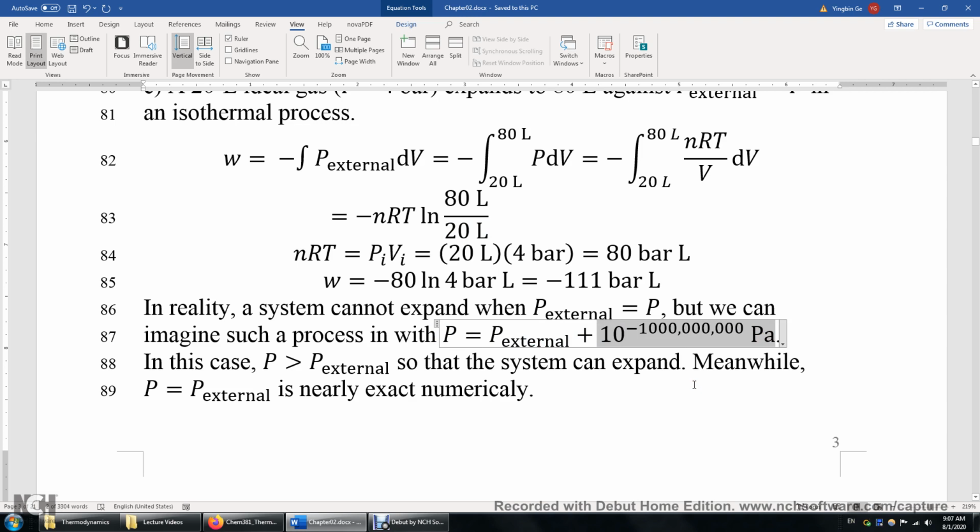The inside pressure is greater, therefore the system can expand. But at the same time, we can say P is equal to P external because look, this 10 to the power of negative a billion Pascal is negligible. So we can assume this P is equal to P external when we do this numerical calculation. So again, this equal sign holds.